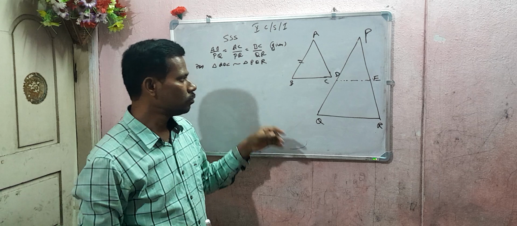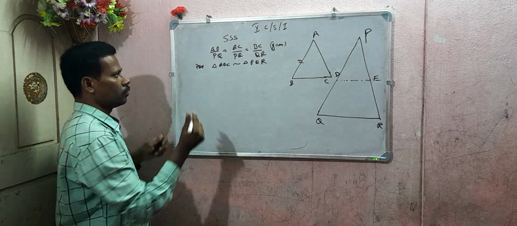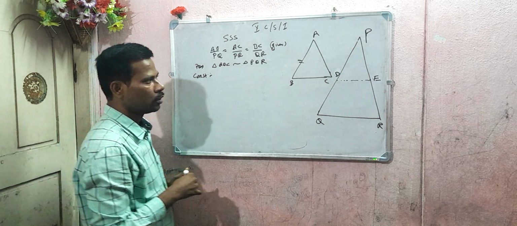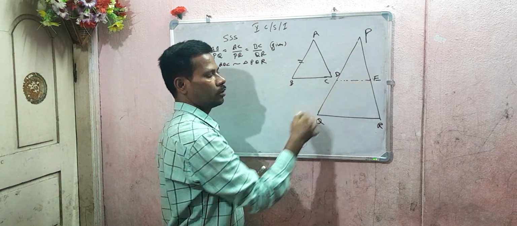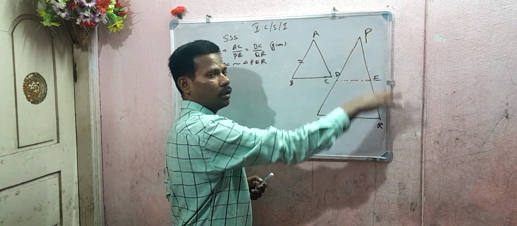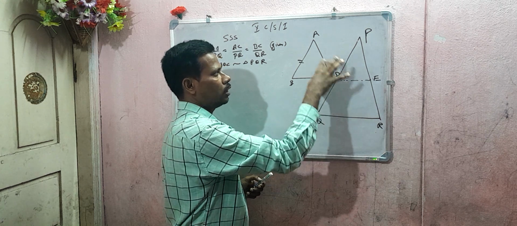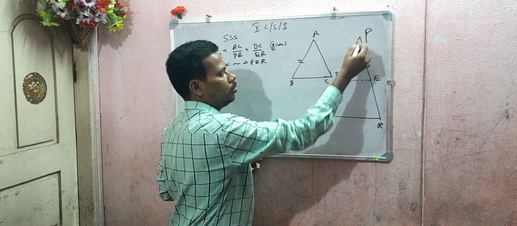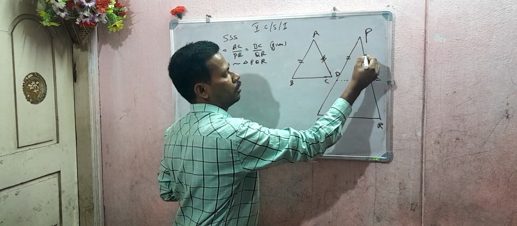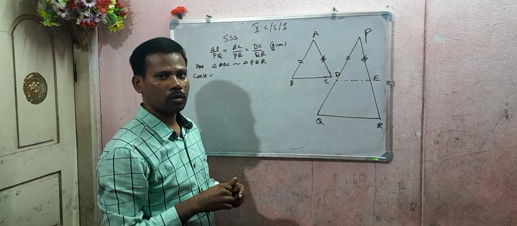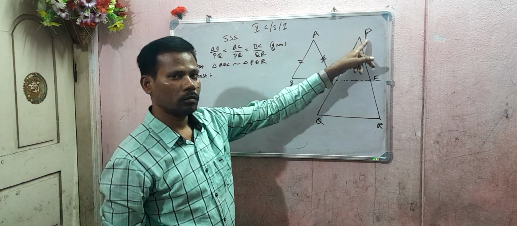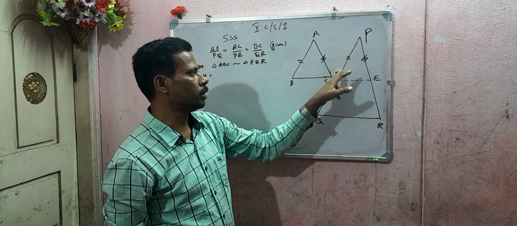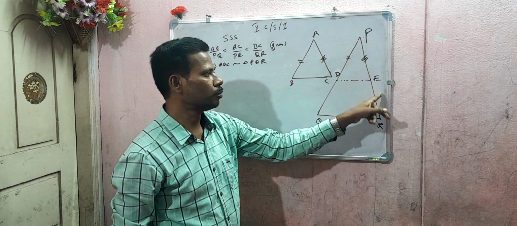So here we need a construction. Mark 2 points on the big triangle PQR such that AB is equal to PD and AC is equal to PE.